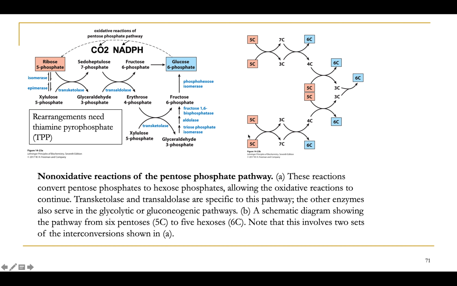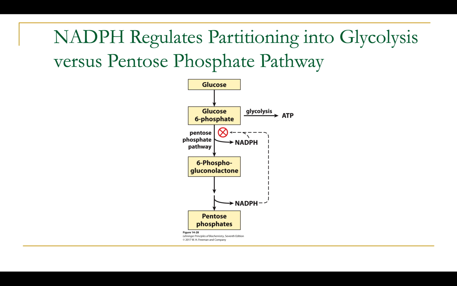While these backbone rearrangements are highly reversible reactions, the main oxidative phase of the pentose phosphate pathway is essentially irreversible. Both oxidation steps are irreversible reactions. This raises the question of how the cell regulates partitioning of the metabolite flux between glycolysis and the pentose phosphate pathway.